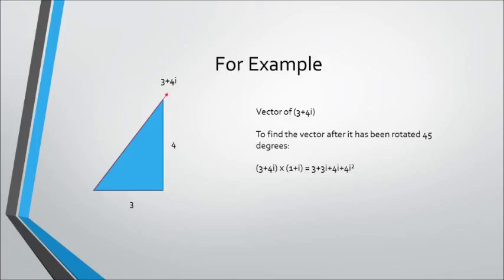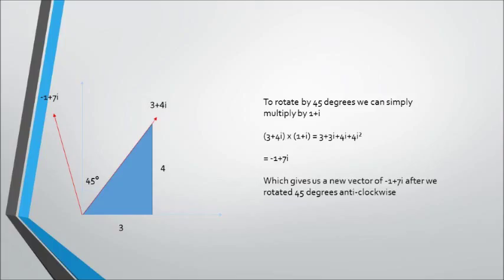We can simply multiply the complex number 3 plus 4i by the complex number that will give us a rotation of 45 degrees, as was shown earlier. As you can see, this was a much easier method than using trigonometry to try and rotate by 45 degrees, giving the answer of -1 plus 7i.